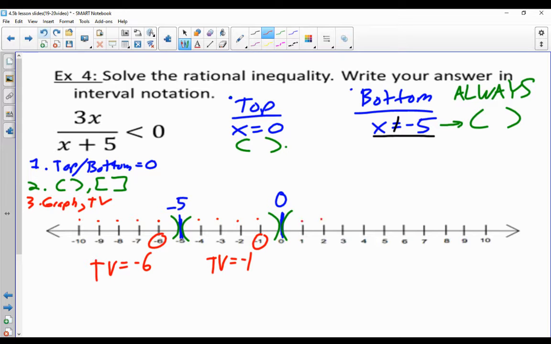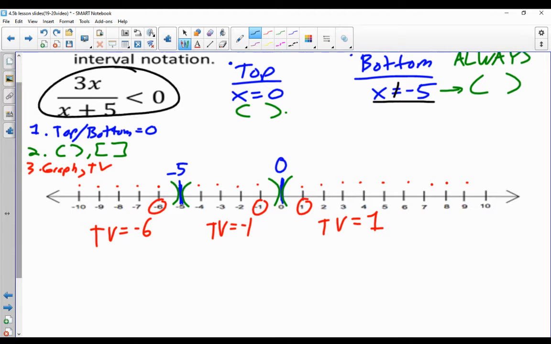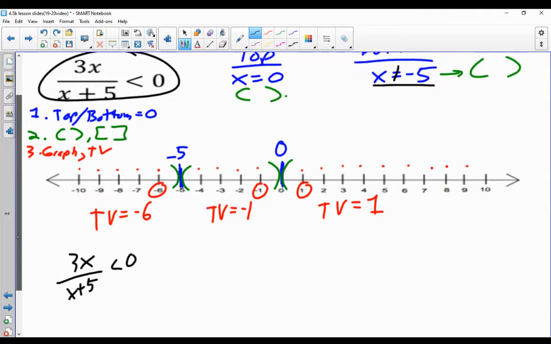For the third interval, I can pick any of these numbers, and I'm going to pick the easiest one, test value of 1. All right, those are the 3 values that we're going to test, and we're going to plug them into this inequality. So in other words, 3x all over x plus 5, and it is less than 0.